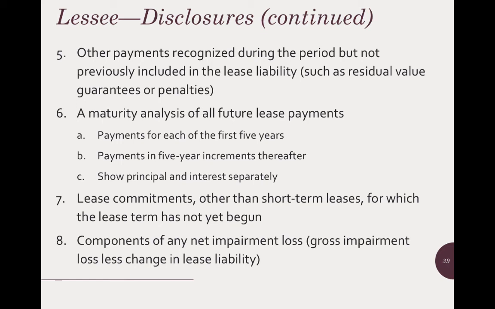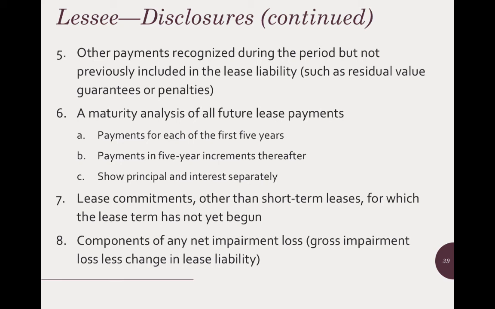One of the other key things, you look at number 6 here, this is carrying forward a prior requirement as well, which is showing future lease payments for each of the next 5 fiscal years, and then in 5-year increments thereafter, showing the principal and interest portions separately. So that's done just like it's done for outstanding debt.